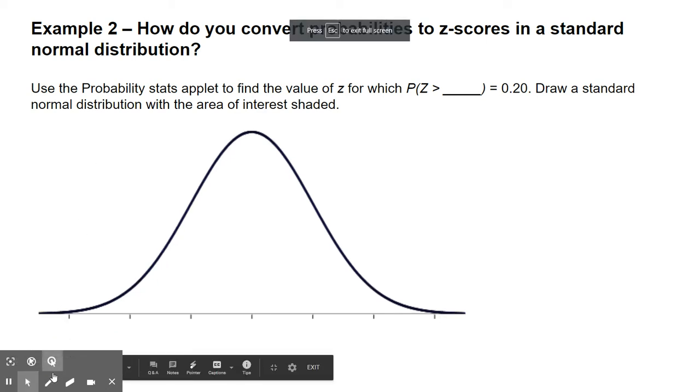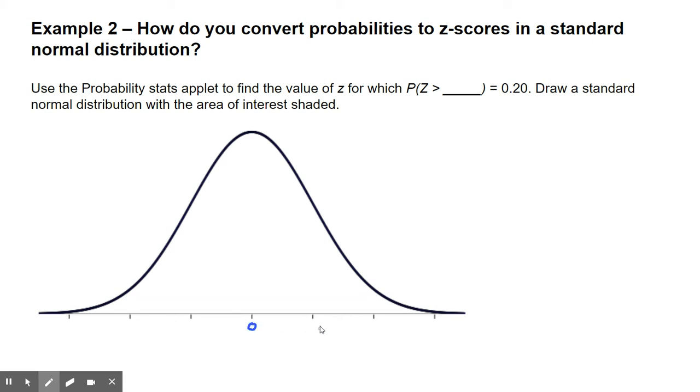Okay, we'll label our x-axis here 0, 1, 2, 3, -1, -2, -3. So notice here the greater than symbol. So I will use this and we'll talk about this, right? I'm going to find the probability of z being greater than some z value is 0.20.